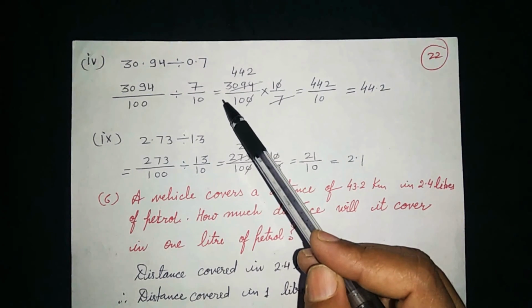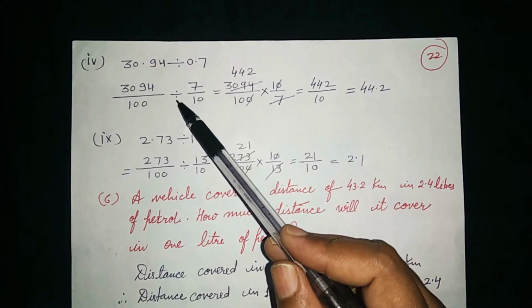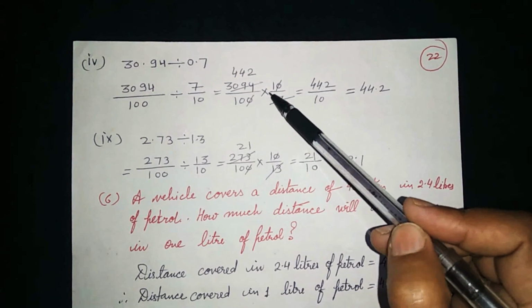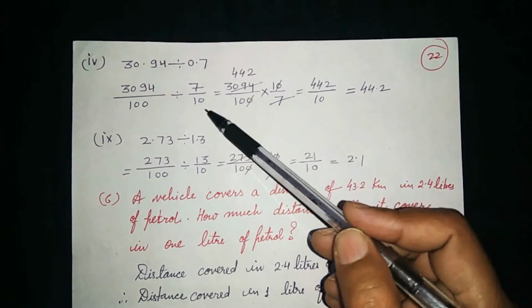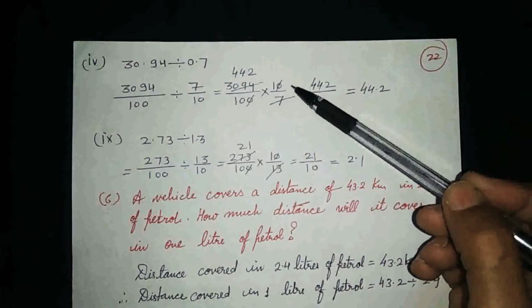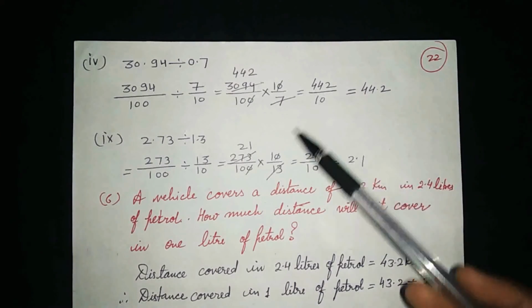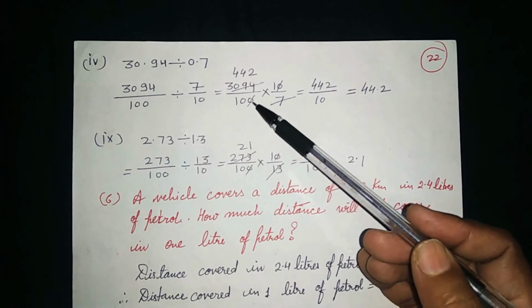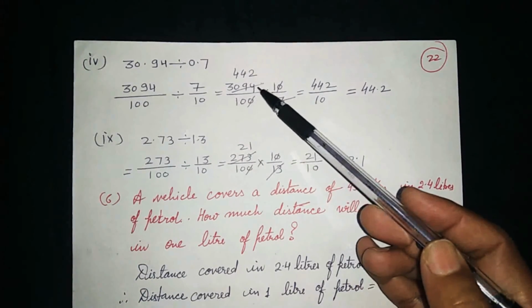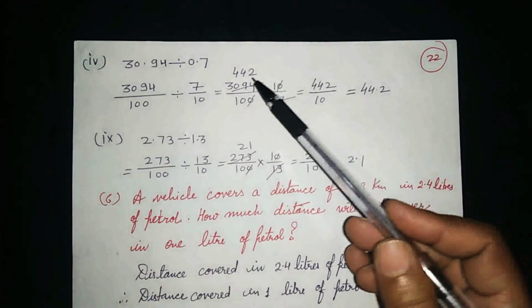Now in the next step, see, 3094 divided by 100, and in place of the division sign we will put the sign of multiplication. And after putting multiplication, you know what we have to do? We will write the reciprocal of 7 upon 10. So here you can see I have written the reciprocal, 10 upon 7. Now this 0 and this 0 we can cancel out. Now 7 1s are 7, and when we divide 3094 by 7, what will come? 442.